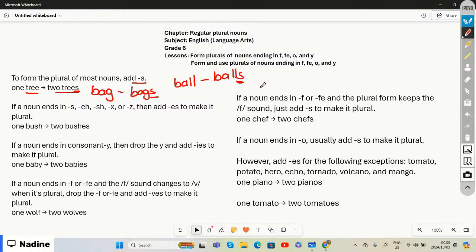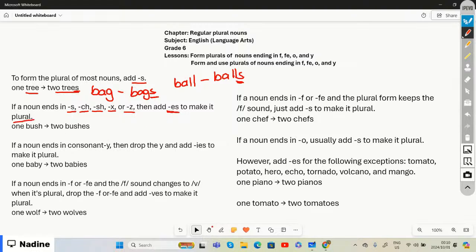All right. So now remember we said that our lesson is to form plurals of nouns ending in f, fe, o, and y. So if a noun, meaning a word, remember a noun names a person, a place, a thing, an animal, ends in s, ch, sh, x, or z, then we need to add es to make it plural.